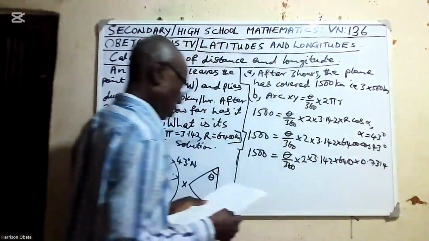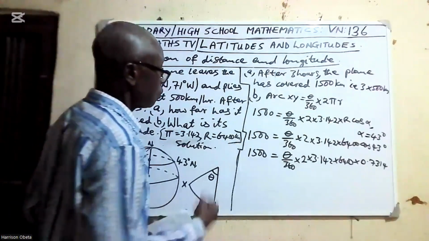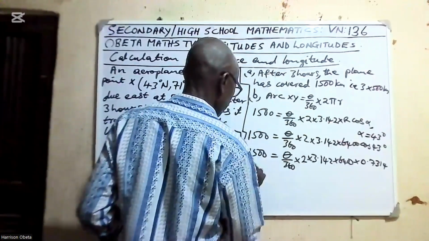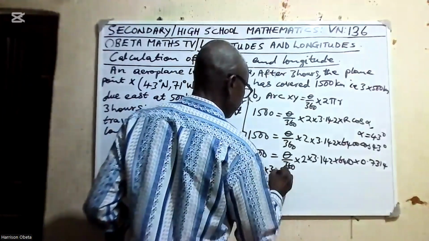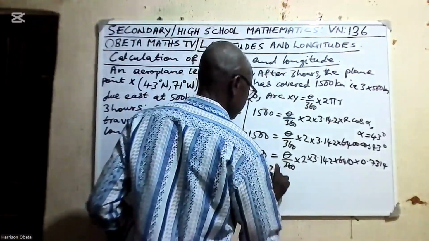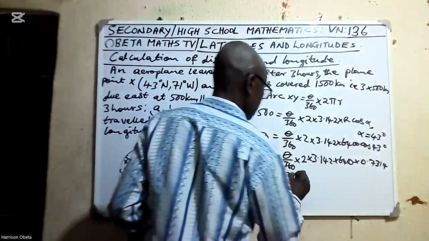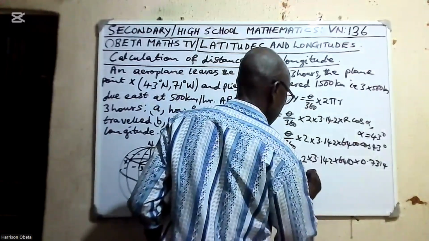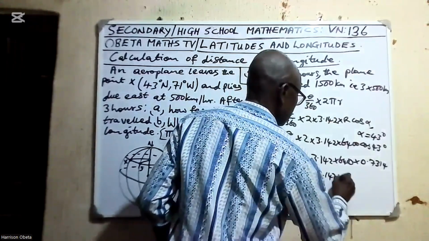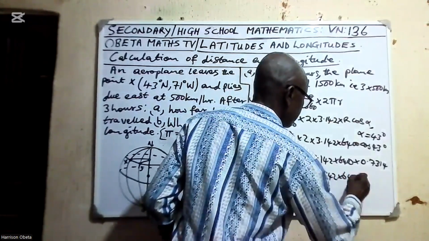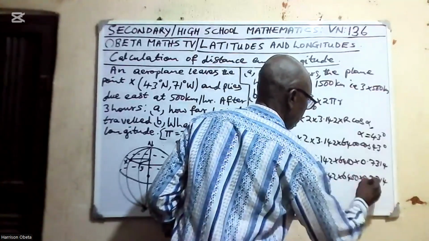So we move on, and that will give us 1,500 times 360 is equal to theta multiplied by 2 multiplied by 3.142 times 6400 times 0.7314.